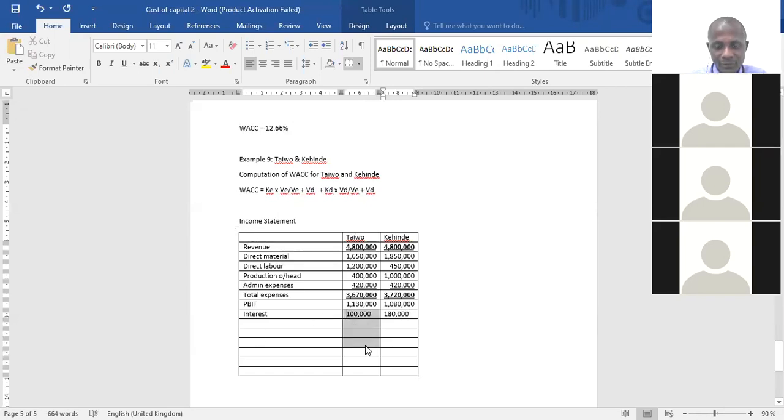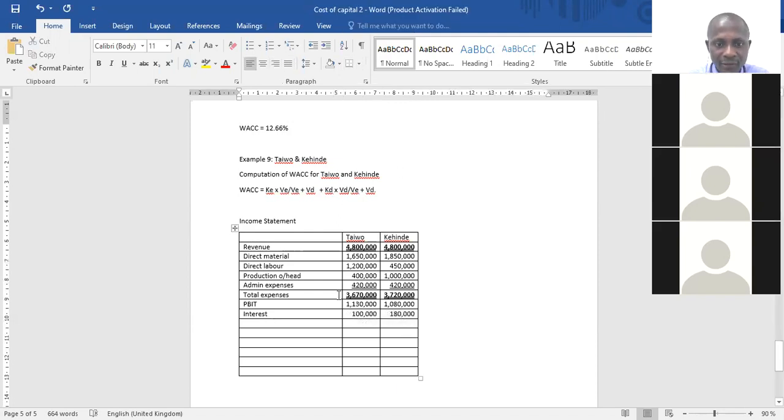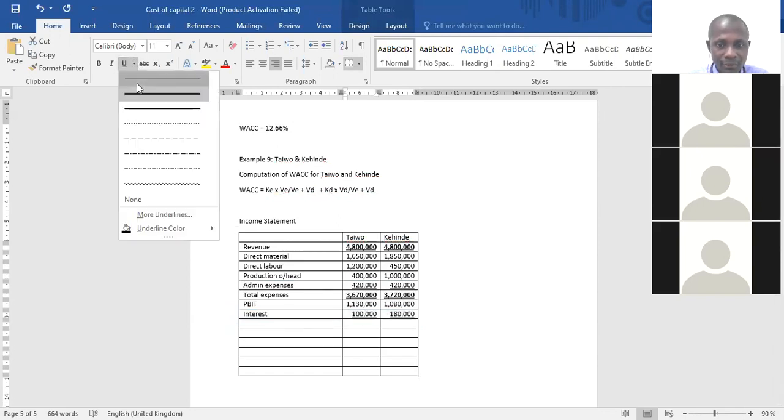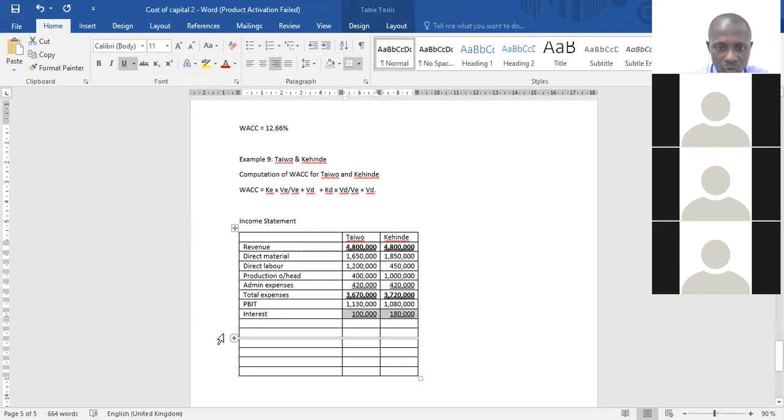That's our interest. If that's our interest, after this I should have profit before tax, right? Sorry, should be one line, not double. So this will give me my profit before tax.